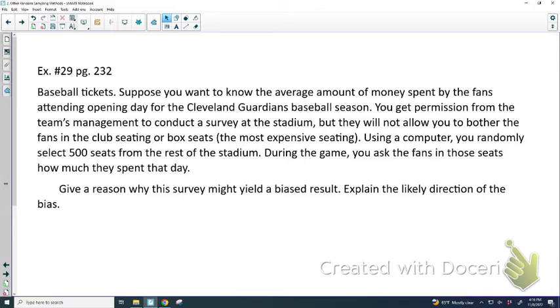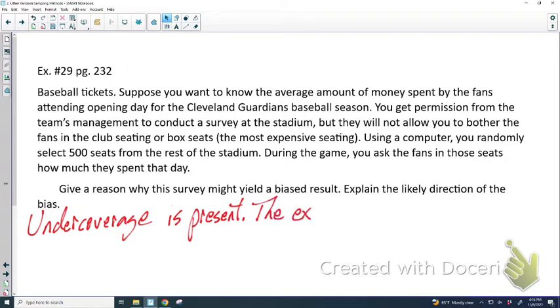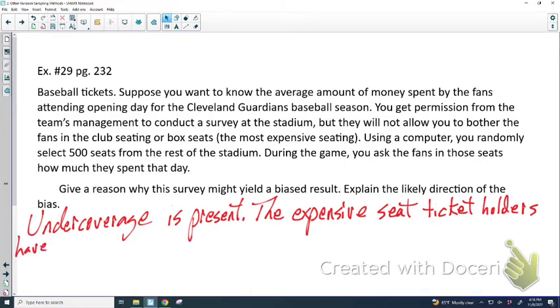This is bias because of undercoverage is present. The expensive seat ticket holders have no chance of being in our sample.